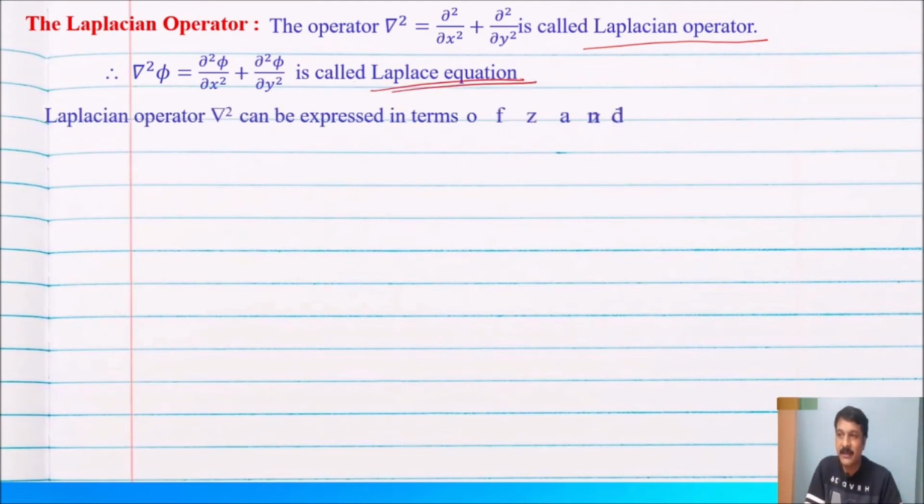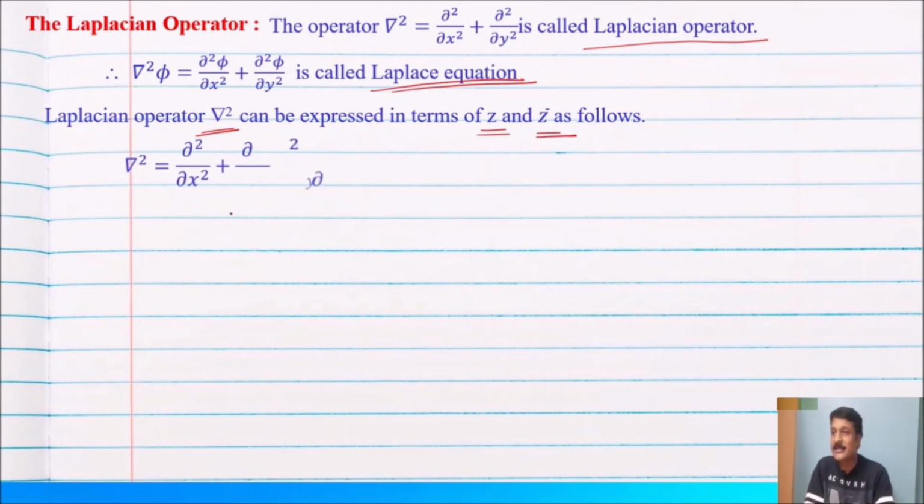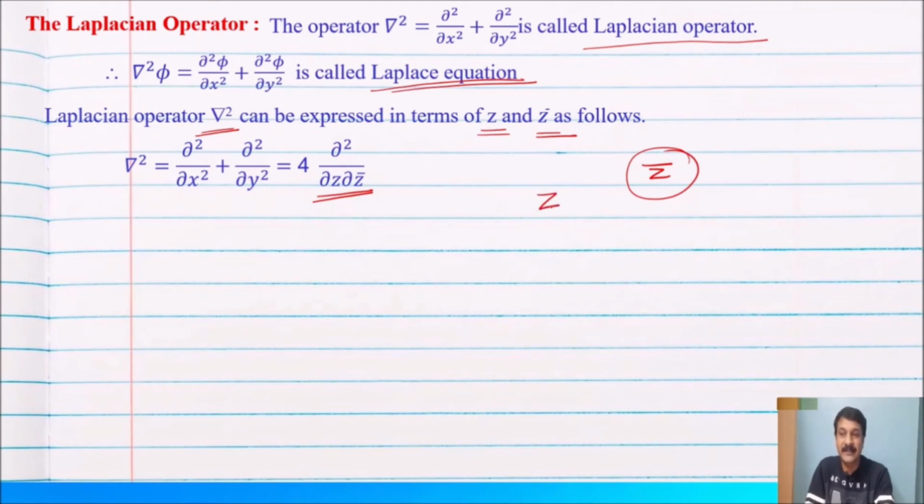And here is one relation between this Laplacian operator del square in the form of z and z bar: del square equal to del square by del x square plus del square by del y square, that we can express as 4 times del square by del z del z bar. Note that this z bar is what? It is the complex conjugate of z. Do you know what complex conjugate means? If z equal to x plus iy, then z bar equal to x minus iy, known as complex conjugate of z.